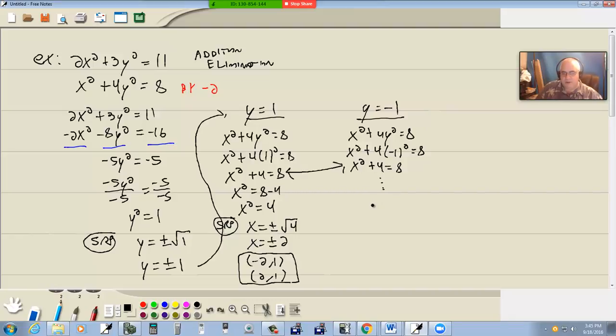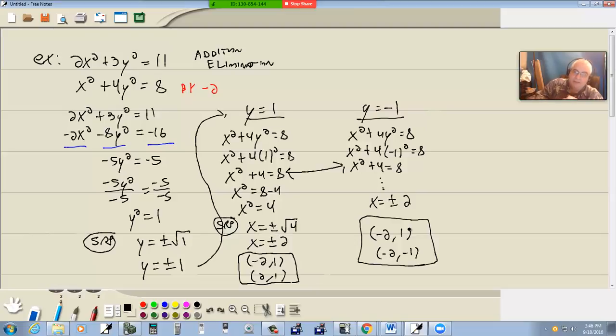So if I go through and solve this, I'm going to find that x is equal to plus or minus 2, which gives us negative 2, 1, and negative 2, negative 1. And those would be our other two answers. Oftentimes when you got problems that both of them are squared like that, then it'll work out that way. You only need to plug it into one of them because the other one will give you exact same values.